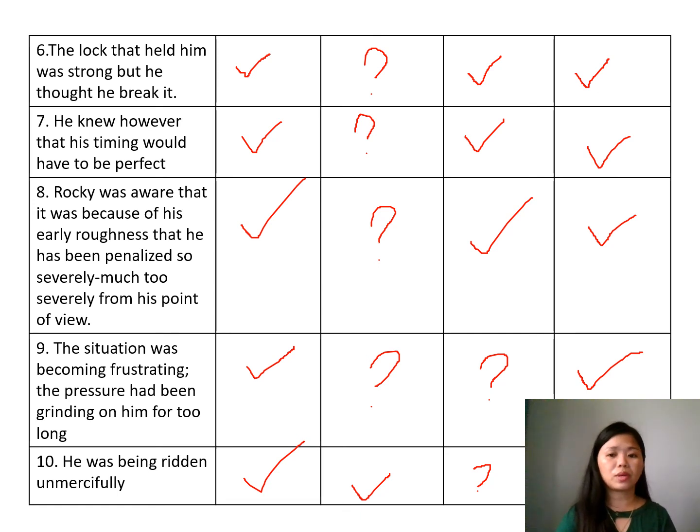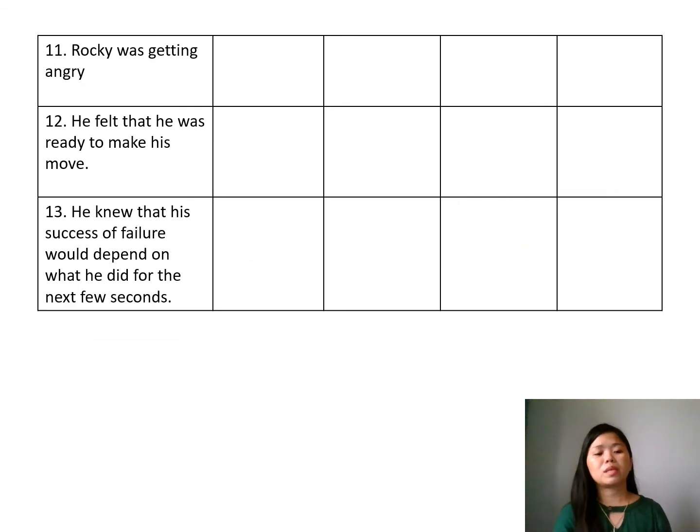So under wrestling schema, check. Okay. So now let's go to sentence number 11. Rocky was getting angry. So under convex schema, check. Also in horse schema and in boxing and wrestling schema.